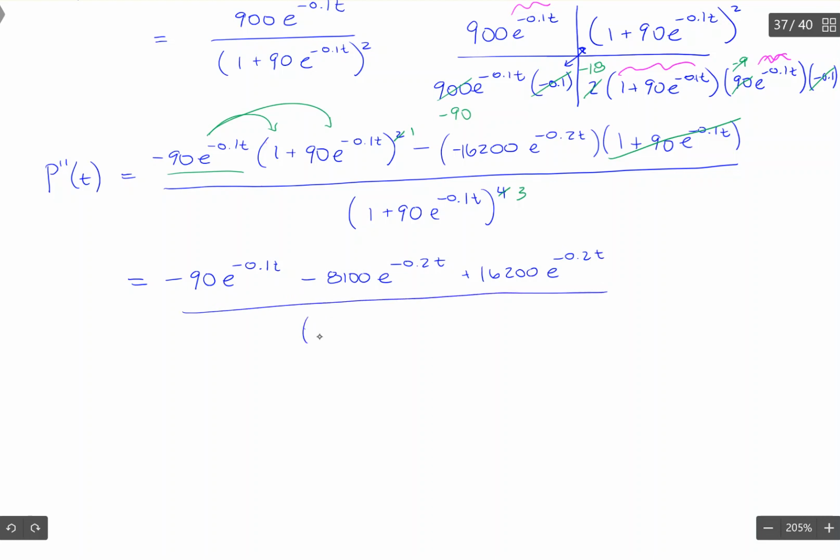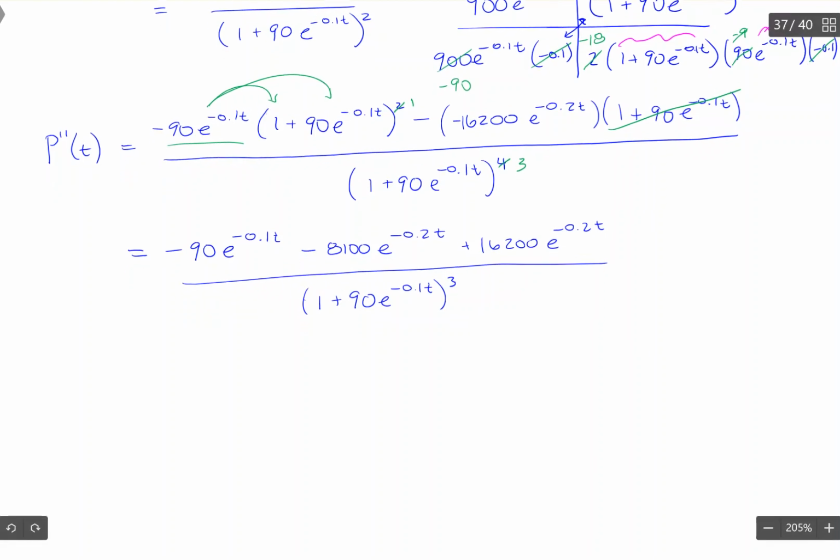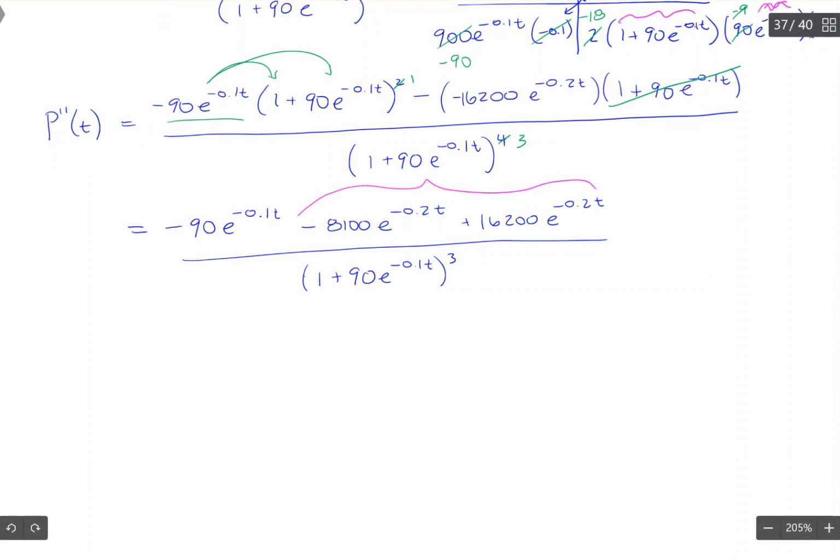And I think you at least see that even though it started out pretty bad, it's getting less bad, because now I have two terms that are common factors right here. They have the same multiplying factor. I can combine them into a single term, and negative 8100 plus 16,200 is positive 8100.